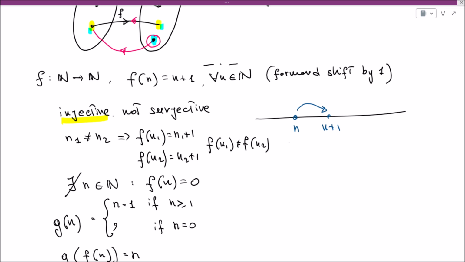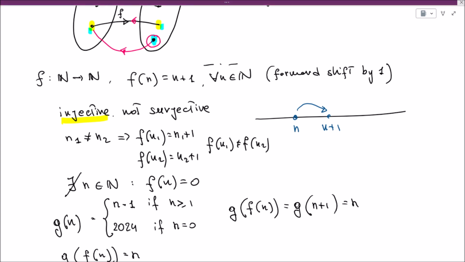We can give any possible number, for example 24. So if I evaluate g of f of n, that implies g of n plus 1, but this is just equal to n.